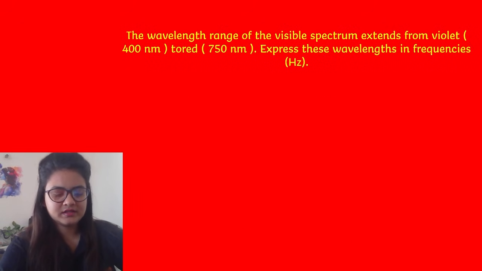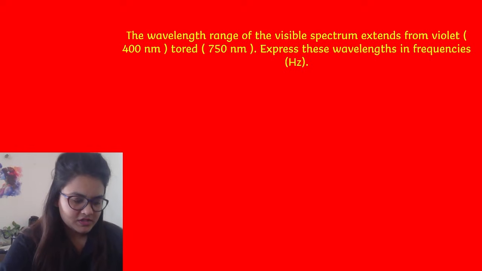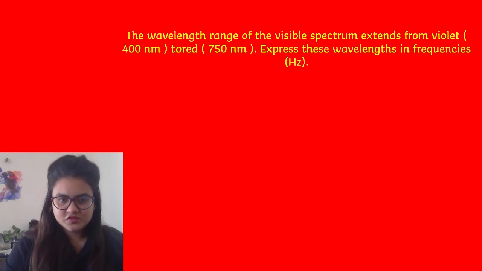The wavelength range of the visible spectrum extends from violet to red. Express this wavelength in frequency. So again, the same formula we can use: nu equals c by lambda.